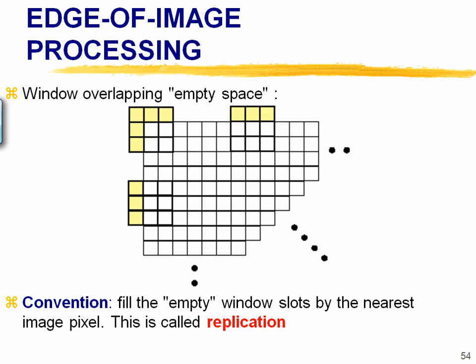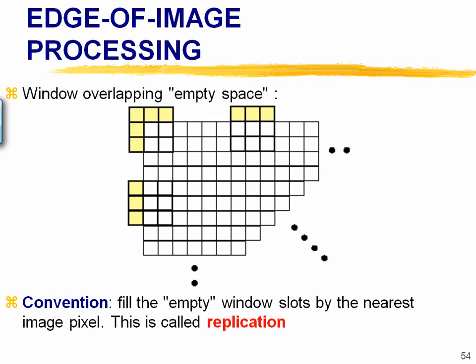The other convention you will find being used sometimes is that you simply ignore a 1 pixel boundary around your image, so you actually start processing 1 pixel inside. Now that works very well if your window is no larger than a 3 by 3.